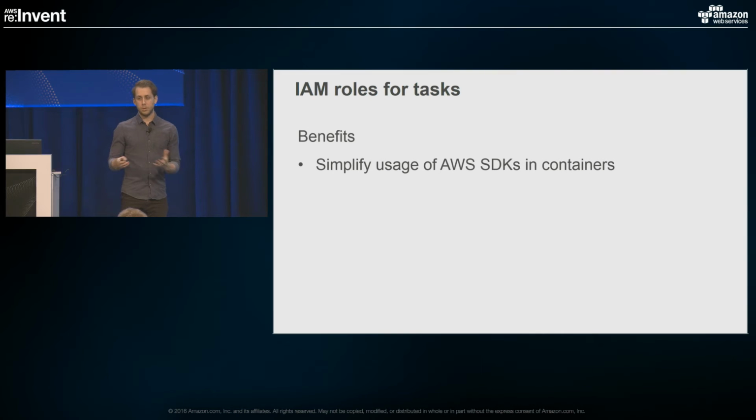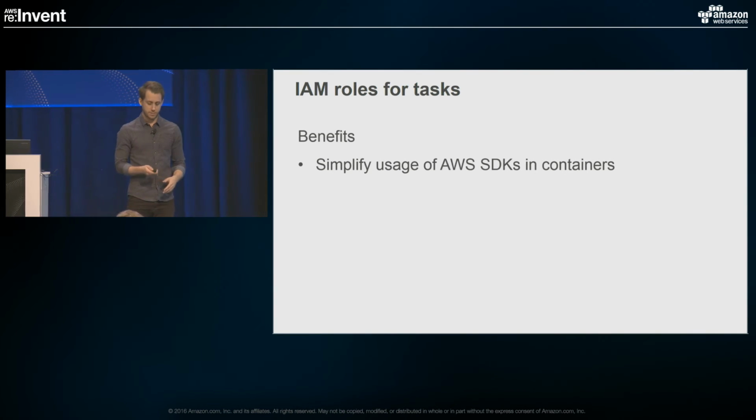If you have application teams that are writing apps that reference the AWS SDKs, before we released this feature, you would have to either hard code credentials into your container, which is obviously a bad practice, or you would have to attach an IAM role to the underlying EC2 instance. With this feature, you no longer have to do that. You can attach the role to the task itself.